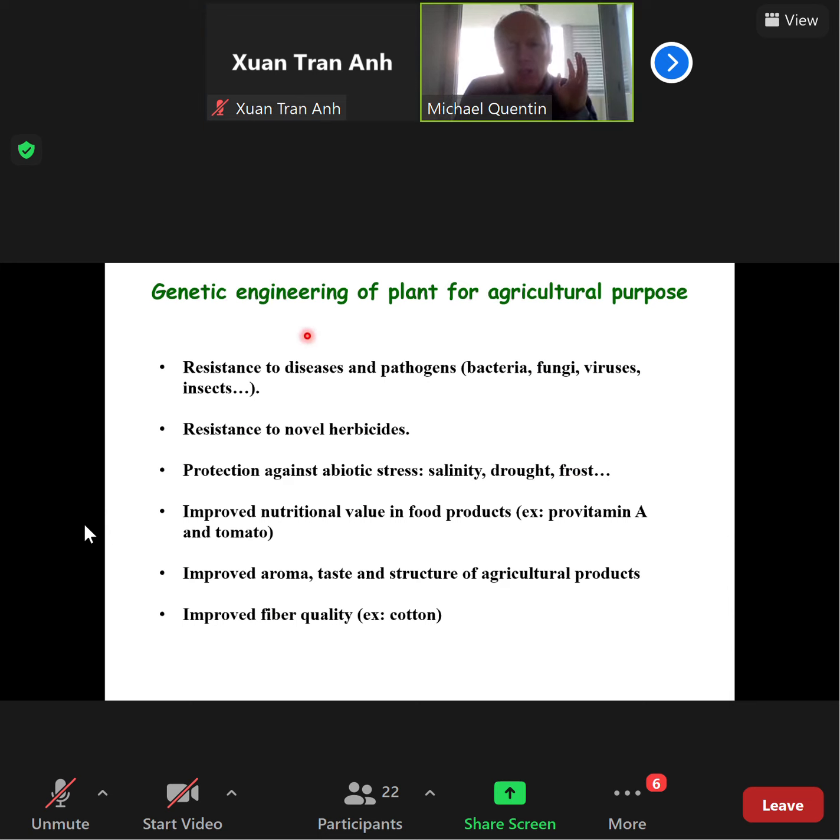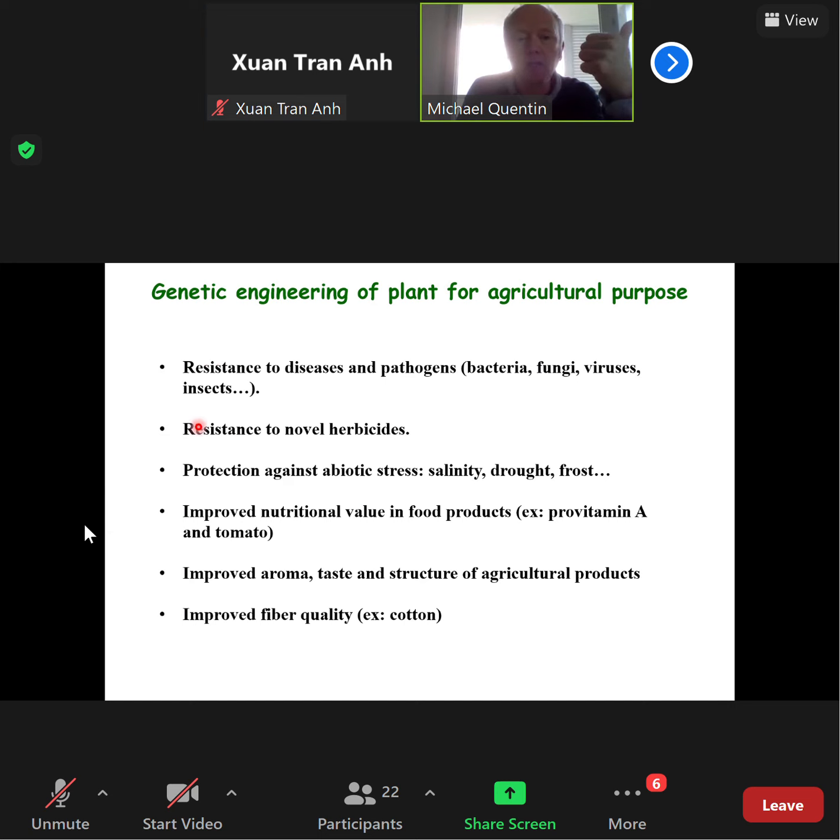Generally, genetic engineering has been used for agricultural purposes to improve plant resistance to disease and pathogens. Most of the commercialized transgenic plants are meant to be resistant to disease and to pathogens.